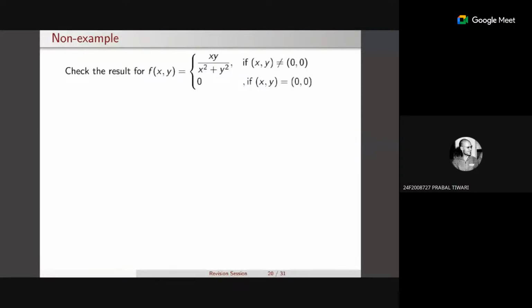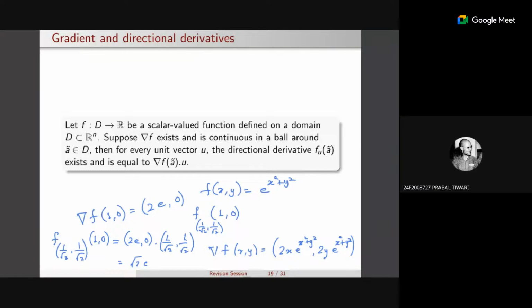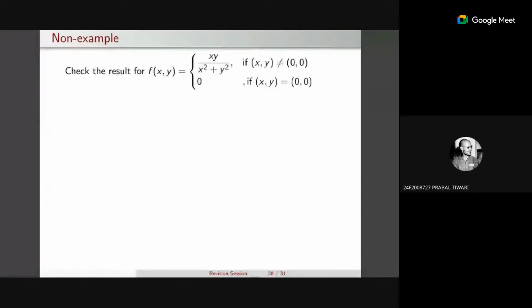Now check the result for f of x, y. This is what I was saying, that this result cannot be used. If we ignore the part about continuity, suppose the gradient exists, then the conclusion is that the directional derivative exists, but we know for this function that the directional derivative does not exist in any other direction.